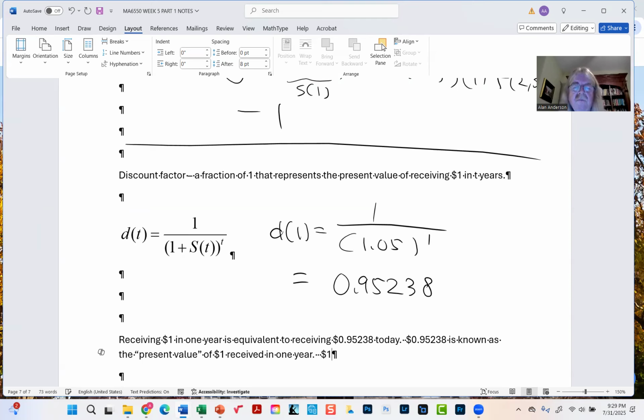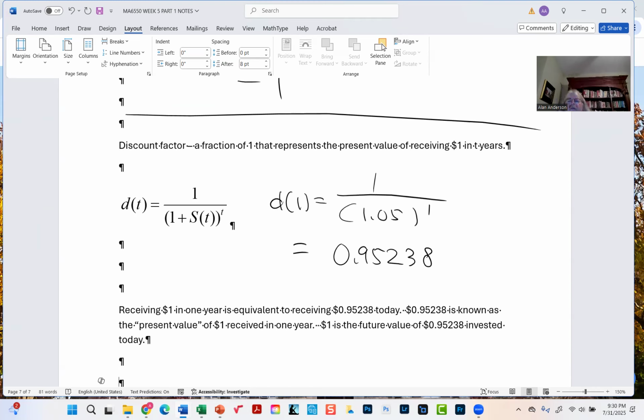And then we can claim $1 is the future value of 0.95238 invested today at 5%. Okay. So the two are equivalent to each other as far as investments go. Having 95.238 cents now is the same thing as having a dollar next year, because if you invest the 95.238 cents today, you'll have a dollar next year.